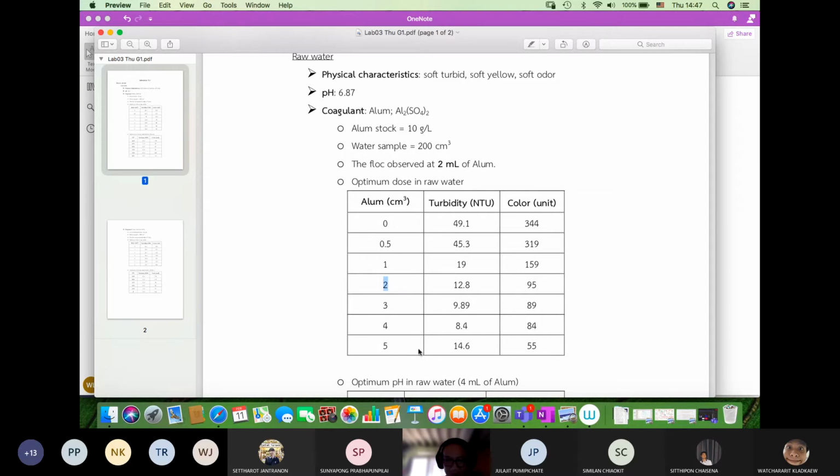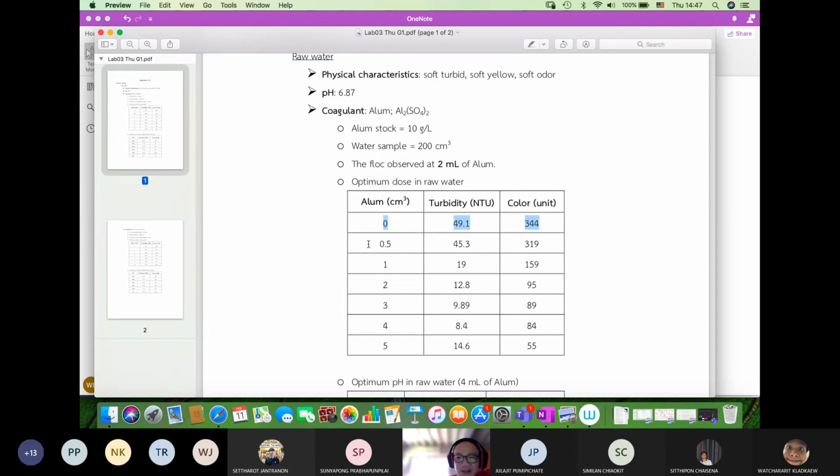Actually there are 6 jars, but this one is the raw water with no alum addition. Raw water essentially contains turbidity of 49.1 NTU and color of 344 units.